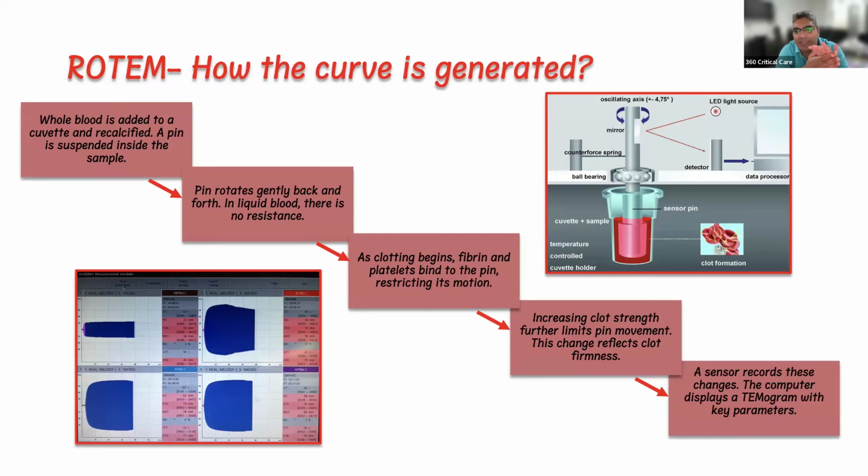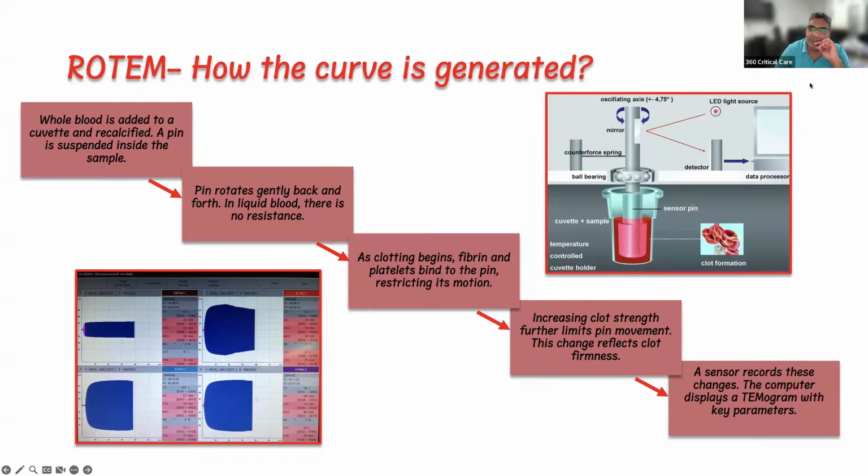So how is it usually carried out? The whole blood is taken and put into a cuvette with calcium in it, and a pin, which you can see here, is suspended into that cuvette and starts to spin. The pin rotates gently back and forth in the liquid blood.